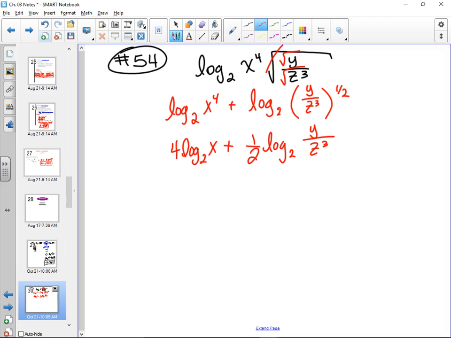Now, I'm not done because don't you guys still see a division? So what do I do with division? Log base 2 of y minus, can I just bring down the 3 as I'm writing the log base 2 of z? Z cubed, bring down the 3. But what do I have to remember is going on with this entire thing?